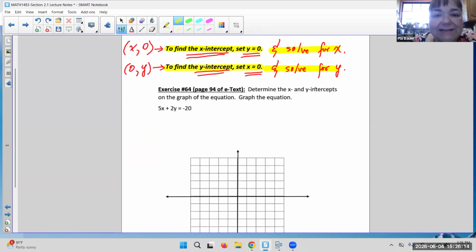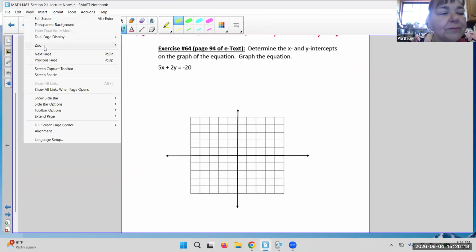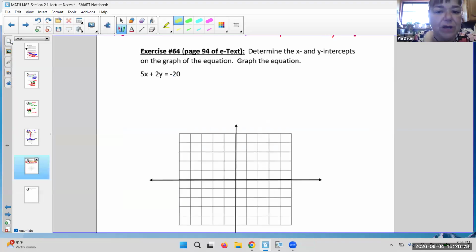So we're going to look at an example here. I'm going to make this a little bit larger. And it says determine the x and y intercepts on the graph of the equation, and then graph the equation, preferably using those points that you just found.